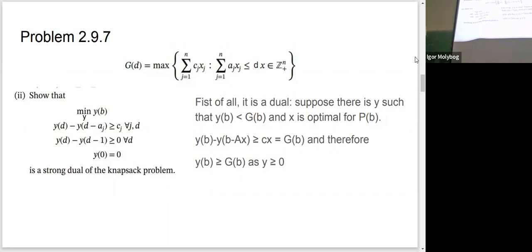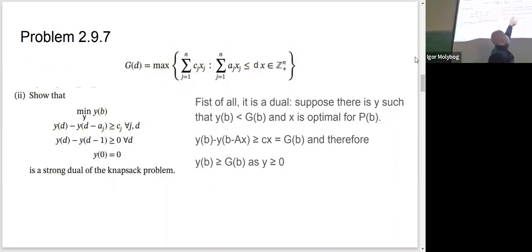Awesome. So we have obtained this inequality over here. We remember that Cx was actually g of b by definition, just because g of b is the optimal objective value. We also need to notice that y is a non-negative vector, because y of 0 is equal to 0, and y of 1 and y of 2 are also greater than or equal to 0.